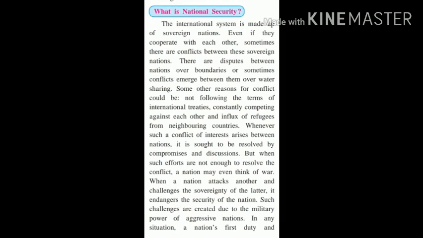And for that, it should have new updated equipment and trained soldiers. Only when we have these can we protect our nation. So if any external country is going to attack our country, then our country should be ready to face them and to protect our citizens. So it is called national security. National security means protecting our country from external attacks.